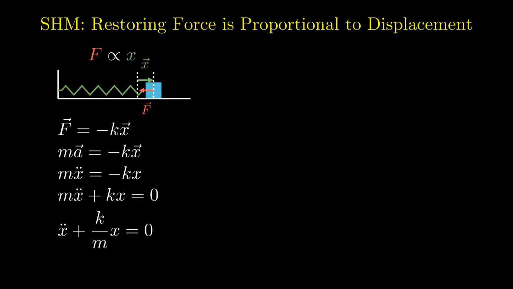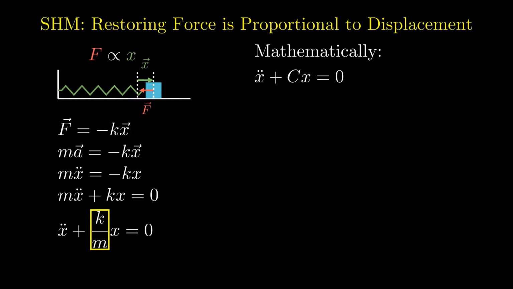And you can safely assume that whenever you have an equation in this shape, it is going to be a simple harmonic motion. So, let's show that using mathematics. For starters, k/m is just a constant that depends on the spring constant and the mass of the object. So, in general, we can write down the following differential equation with a positive constant, c.